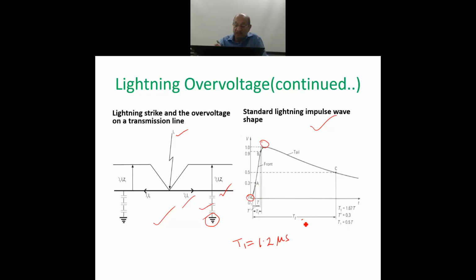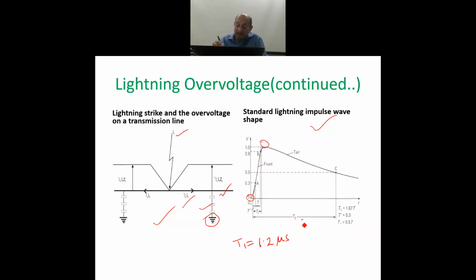The decay time, as you can see, the magnitude of the voltage decays. The time required to reach 50% of the peak value is considered to be the time T2, 50% of the peak value, as you can see here.